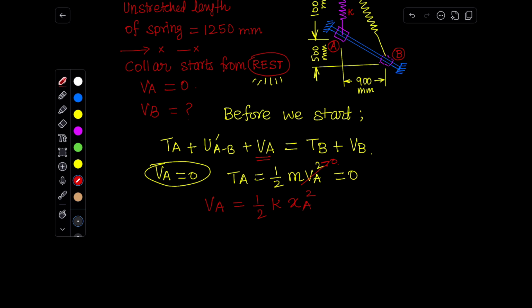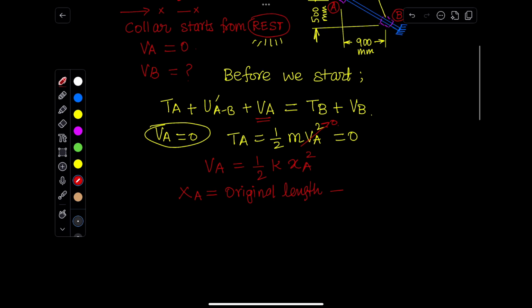So we can write the work done by spring is 1 by 2 k xA square. xA is the deformation or elongation at position A. So let's calculate xA, which is the total elongation or deformation at position A.